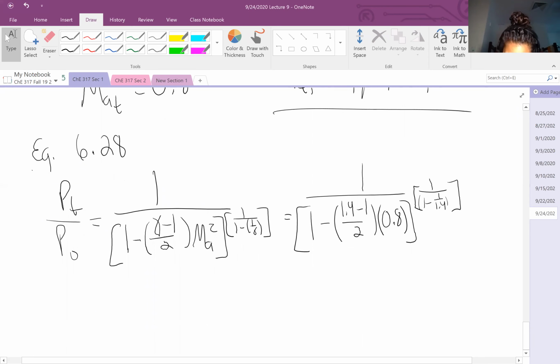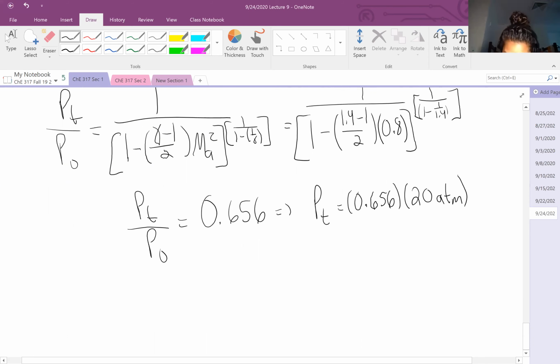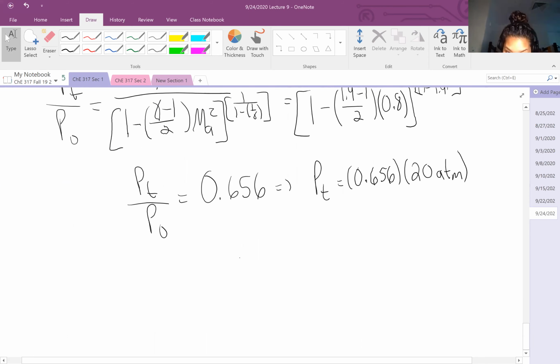If we do this calculation, we find that P over P naught is approximately 0.656, which implies that the pressure at the throat is 0.656 times the entering pressure of 20 atmospheres, or approximately 13.1 atmospheres.